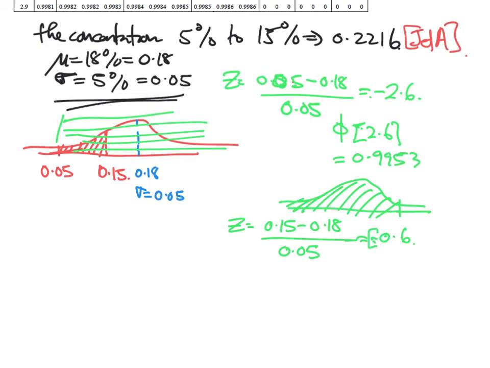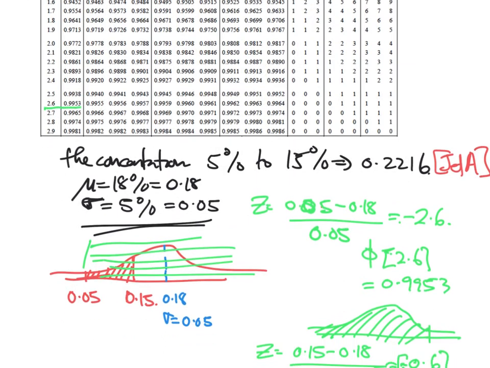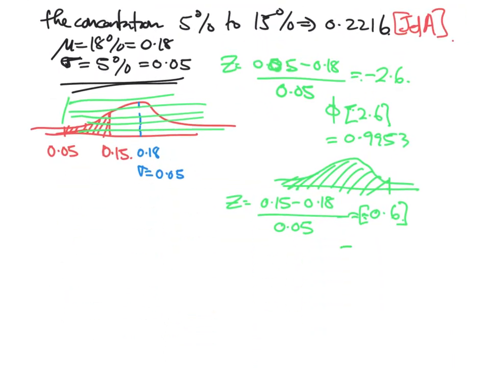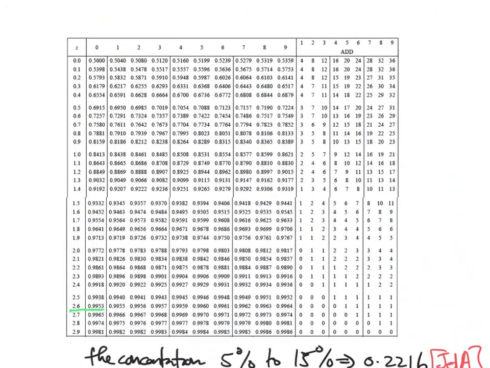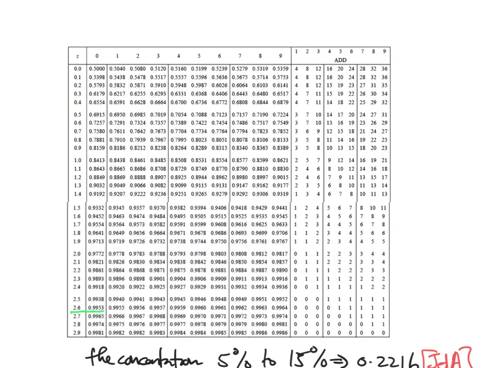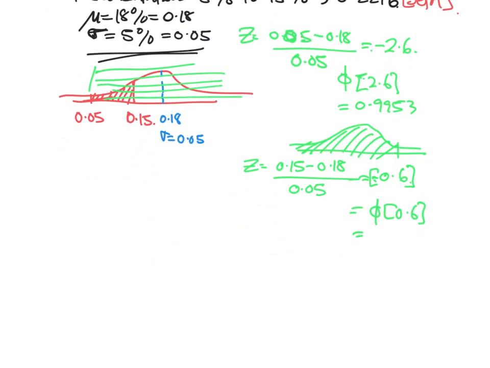Again, negative is just on the left side. We can change it to positive by looking at the area. So if you look at phi of positive 0.6, you're getting the area as 0.7257.